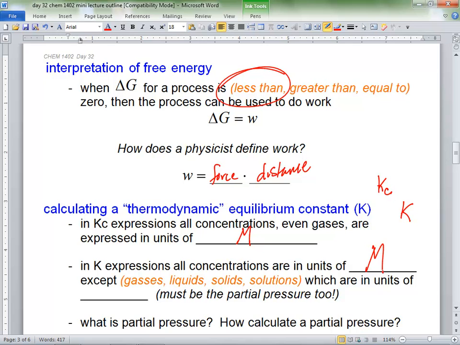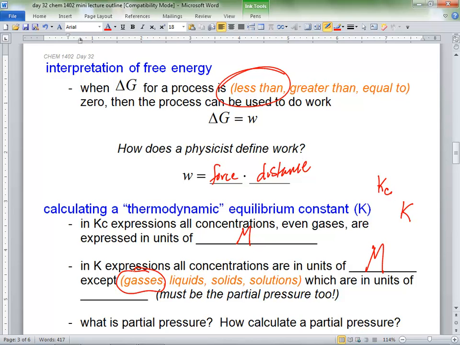They can use the molarity again, except for what? Now, here's a hint. Whatever you pick, its units are in something to do with partial pressure. Gases. So gases. You see gases. You don't use concentration anymore.